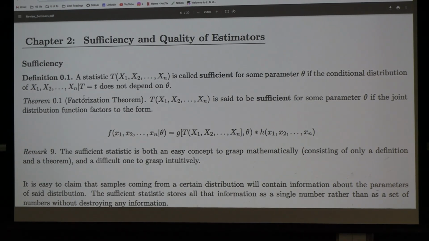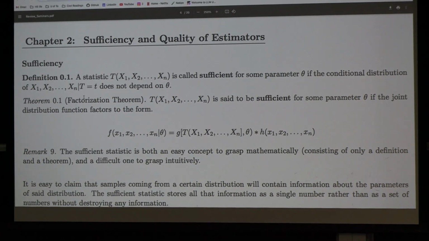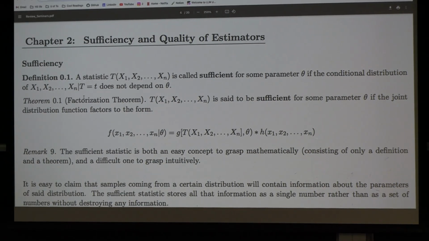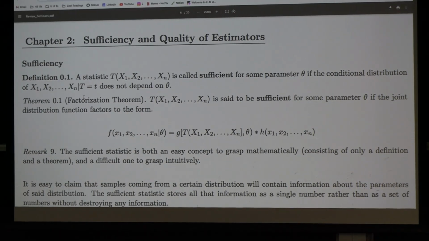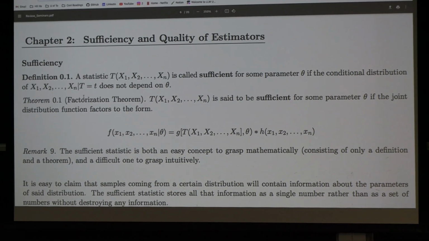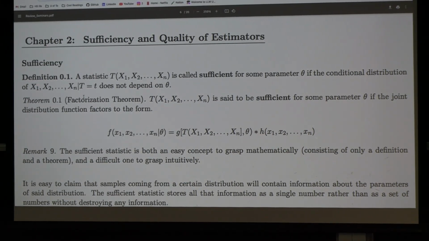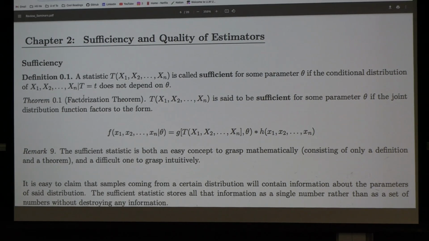Now, the intuition behind this is that, of course, your population contains information about the parameters of that population, and so you can say that something is sufficient if you are calculating a statistic with that data and it's preserving all of the information you need about your parameter.